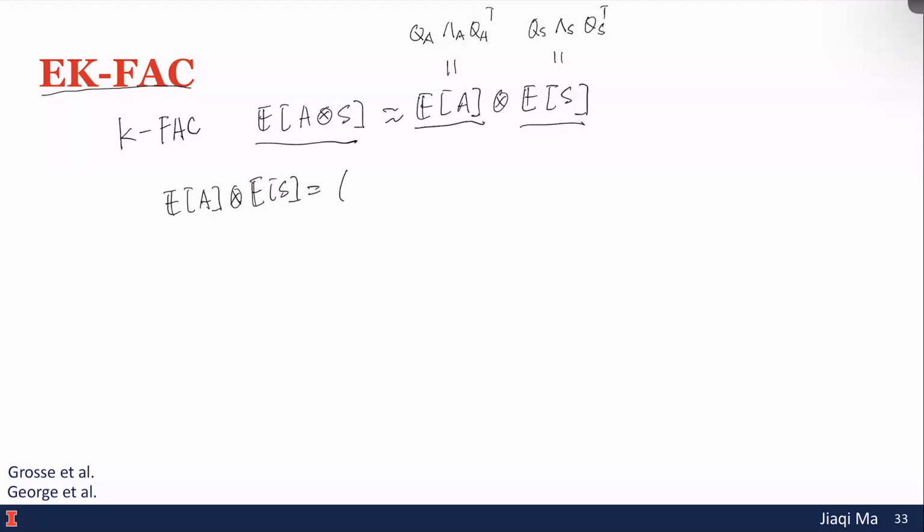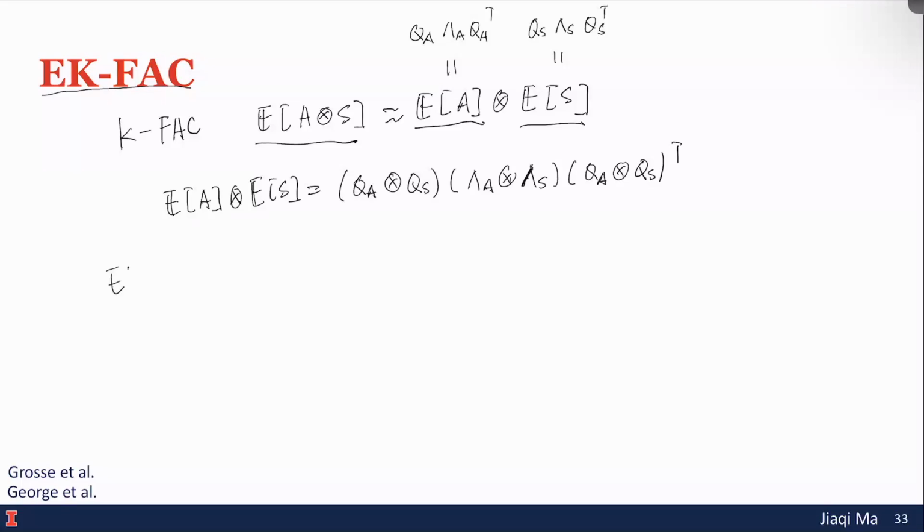so this is also a nice property brought by the Kronecker product. So it equals QA Kronecker product QS, lambda A Kronecker product lambda S, and QA Kronecker product QS transpose.